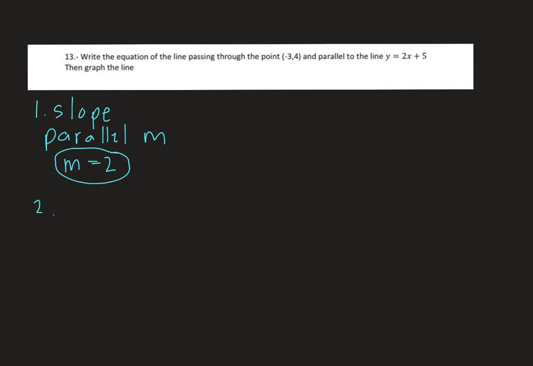Then after we have the slope and we have a point, we are going to put the information into our point-slope formula of the line. So we have y minus the y point equals our slope times x minus our x point. So minus a negative 3 is plus 3. Okay.